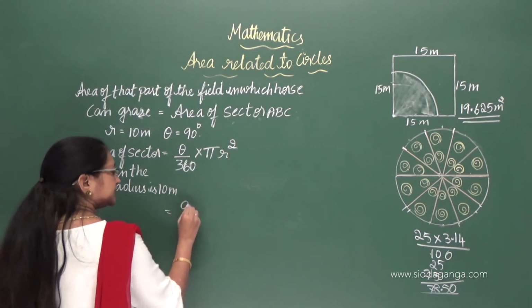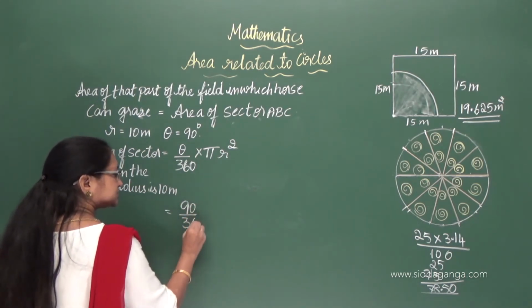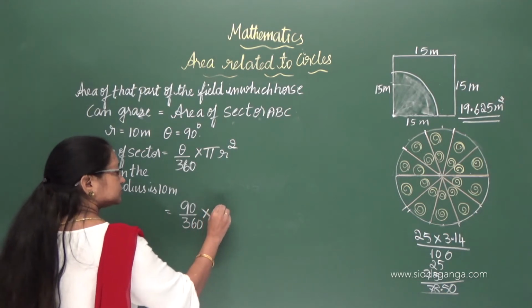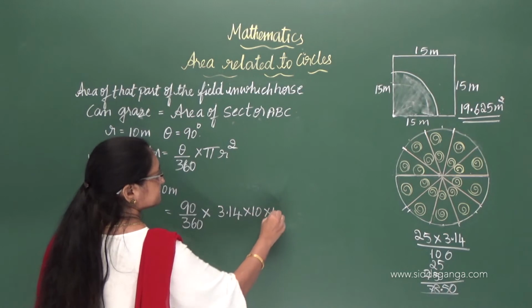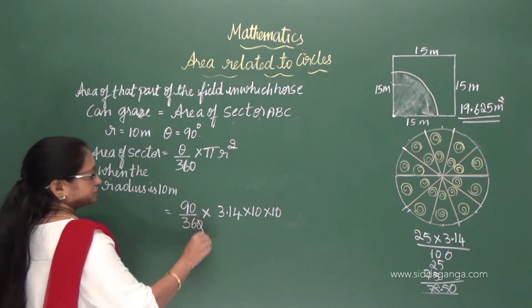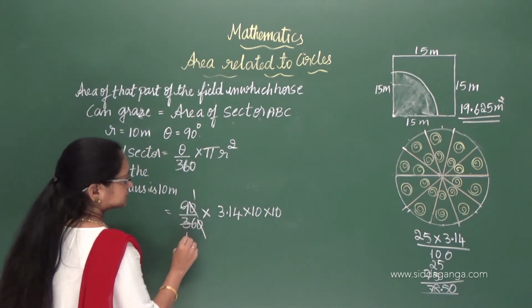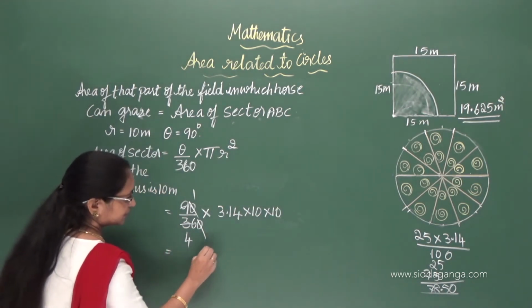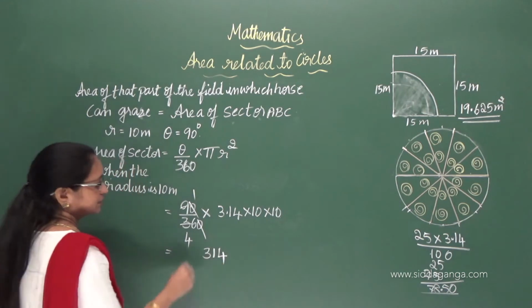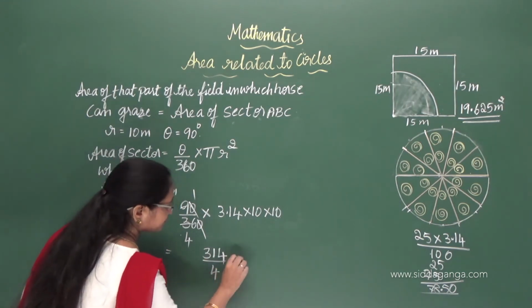So 90 by 360 into 3.14 into 10 into 10. 9 ones are 9, 9 fours are 36, and this of course 314 you will get divided by 4.